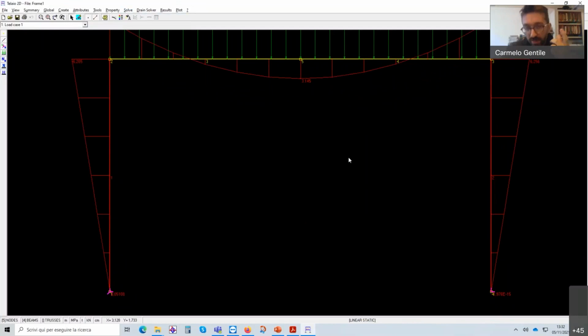Okay, it changed, but it changed too little. I didn't have to change it in that way, but the other way, because the beam is already stiffer and is already taking a great part of the axial force. So in this case, what do we have? We have something that we cannot see completely.